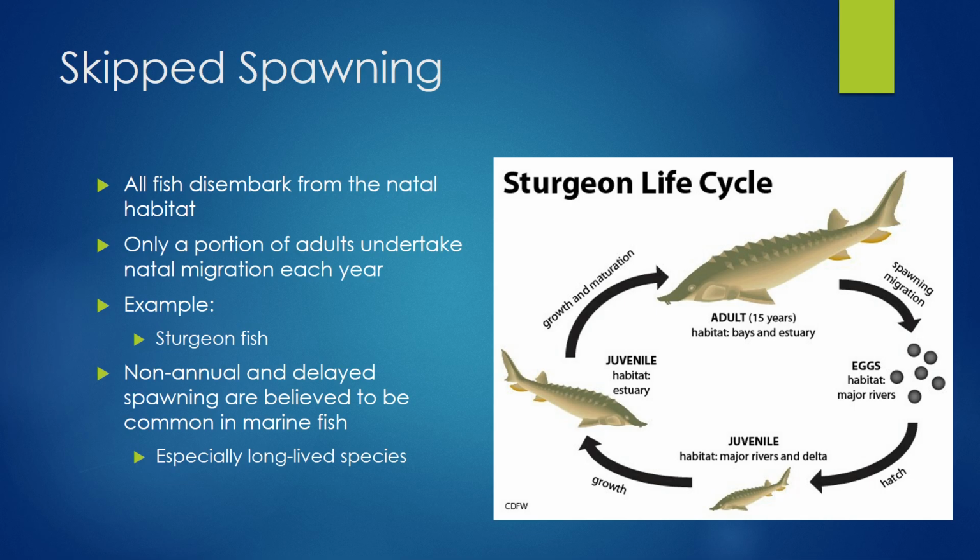As the juvenile grows, they migrate to an estuary, and they continue to grow and mature until about 15 years of age, and then at that time they will decide to go back to the river that they have been imprinted upon and lay their eggs for the next generation to come.